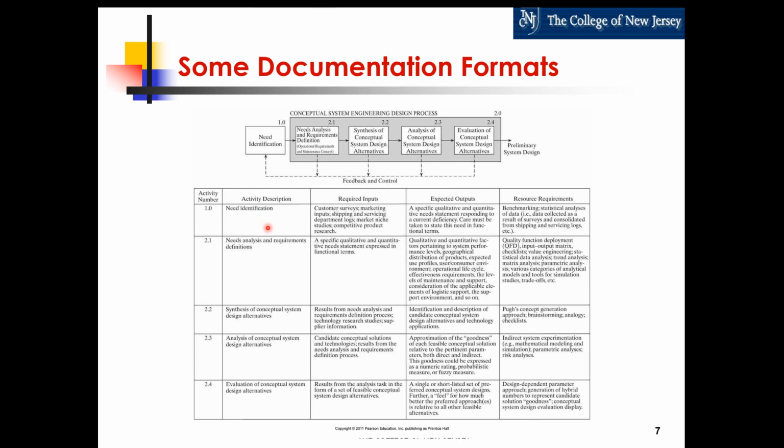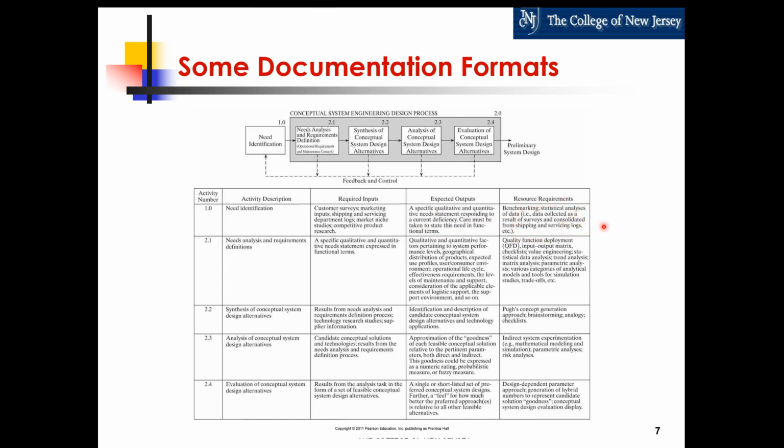But this table spells out, still in a very concise manner, but still more wordy than what I want to cover in a PowerPoint presentation, the required inputs, what the expected outputs are, and what the resource requirements are.